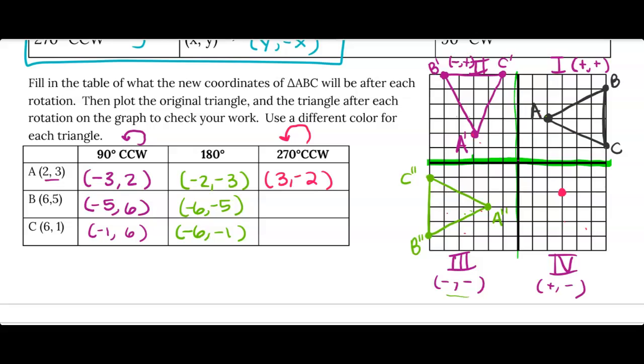We're in the fourth quadrant, so our X value will be positive and our Y value will be negative. And then lastly, C is at 6, 1. So it'll switch to 1, 6, switch back to 6, 1, and then switch again to 1, 6. Since we're in the fourth quadrant, the 6 needs to be negative.